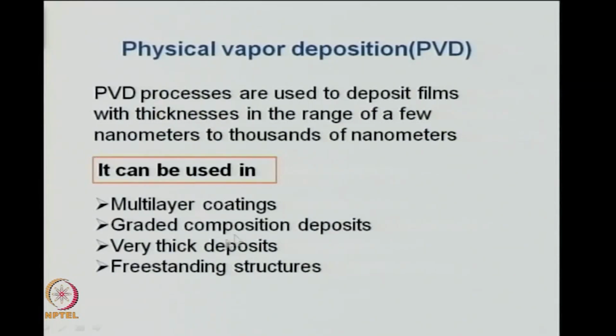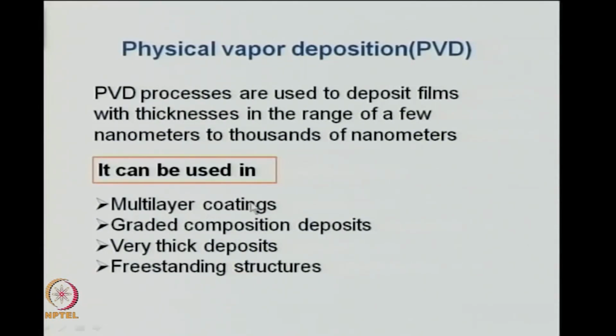Here graded composition basically means that up to a certain thickness you have one composition, and then as you have another layer, or as you go deeper into the film, the composition varies. That is why it is called a graded composition deposit or graded composition film.